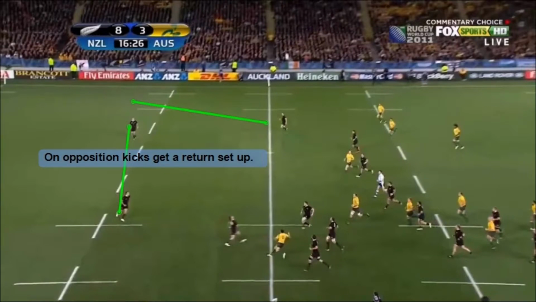And here again, later in the New Zealand-Australia game, we see the All Blacks, one of the best counter-attacking sides in the world, with players like Beauden Barrett, Julian Savea and Malakai Fekitoa. But it all comes from the structure they play with.